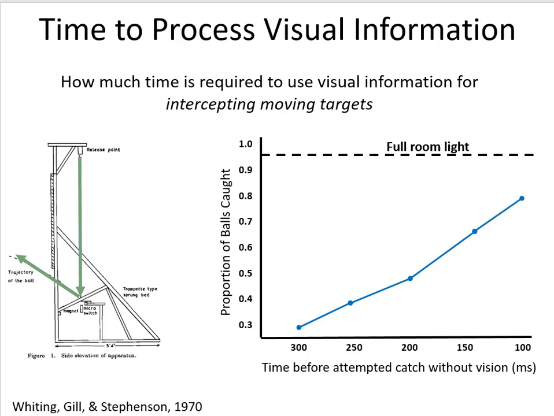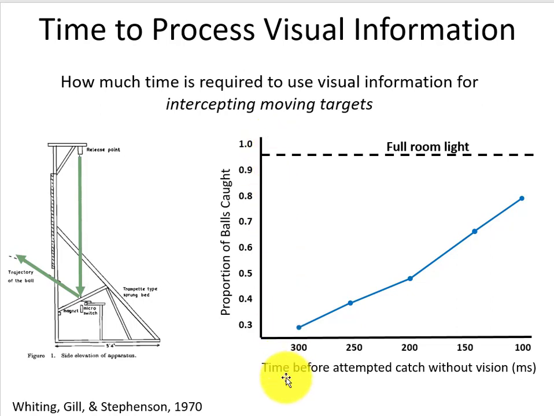Okay? And so over here, if we look at the results, when you have full light, right, so in a regular room with the lights on, people catch the ball about 95% of the time. So that's kind of like the baseline level of performance.